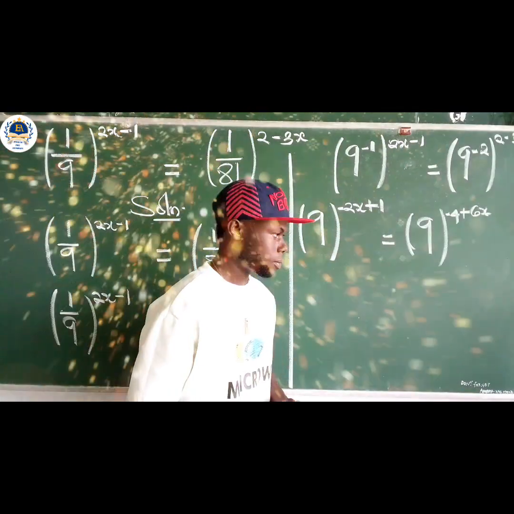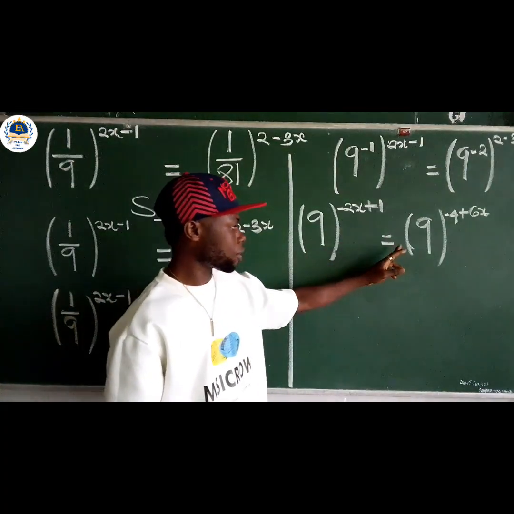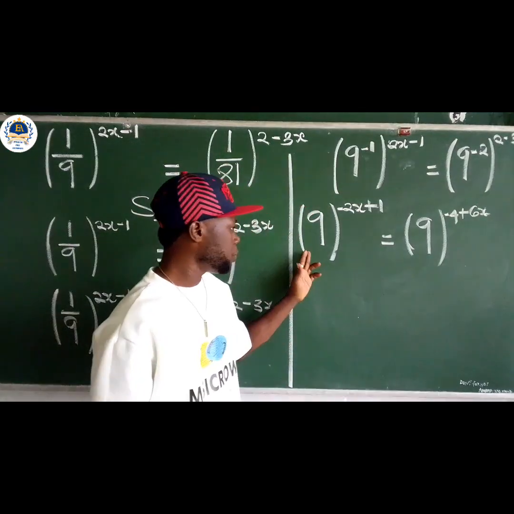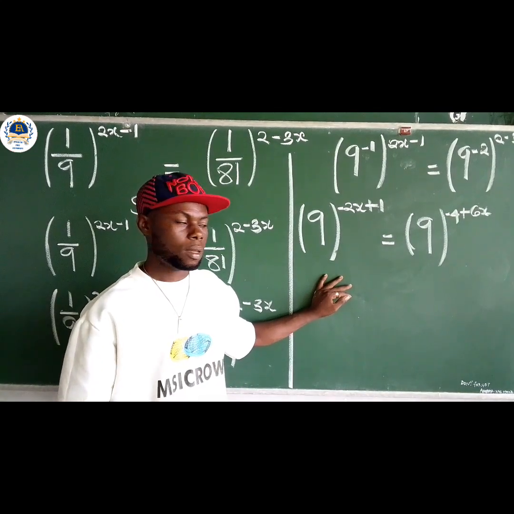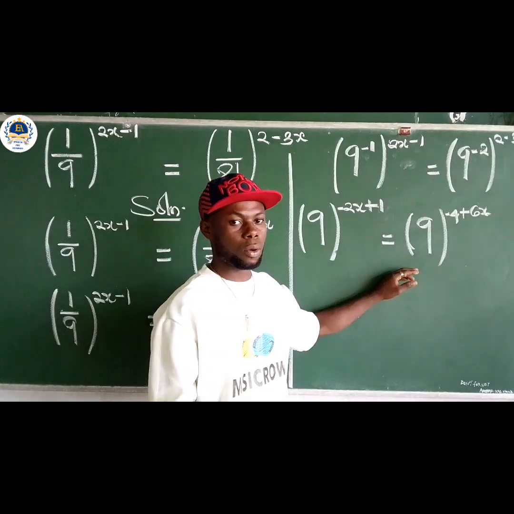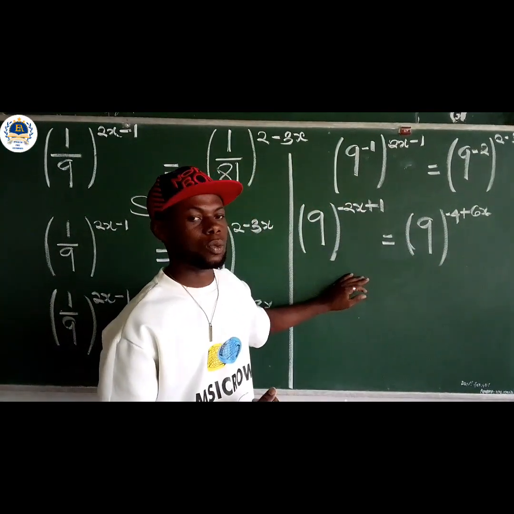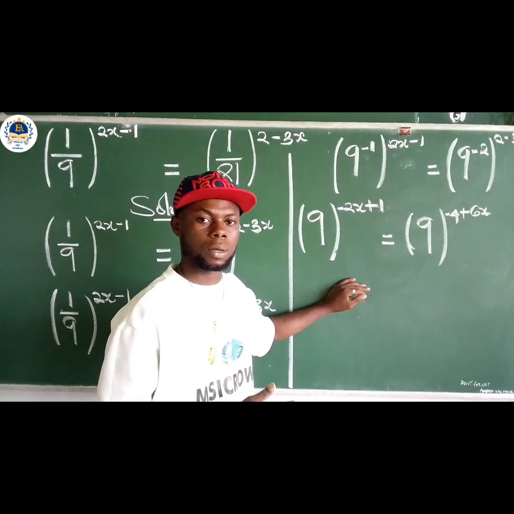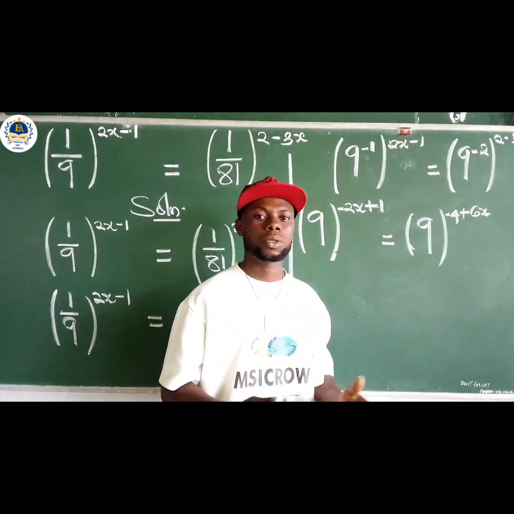Now the observation is that we have 9 here raised to a certain power. We also have 9 raised to another power. Since the two bases are the same, we can cancel out. Since these two numbers, which is 9, are the bigger number, and these powers are the smaller number, we can assume the bigger numbers to be called the mother, whereas the smaller ones are the children.